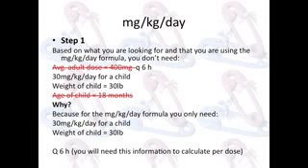Then you also don't need the age of the child, which is 18 months. Why? Because for the milligram per kilogram per day formula, you only need 30 milligrams per kilogram per day for a child and the weight of the child, in this case 30 pounds. So every 6 hours, you will need this information to calculate the per dose value.